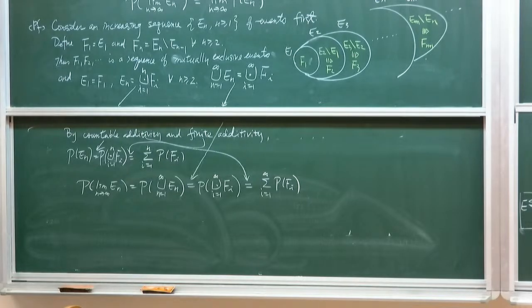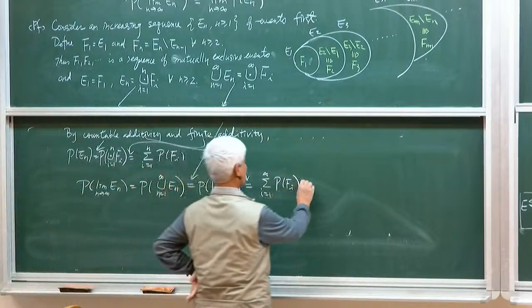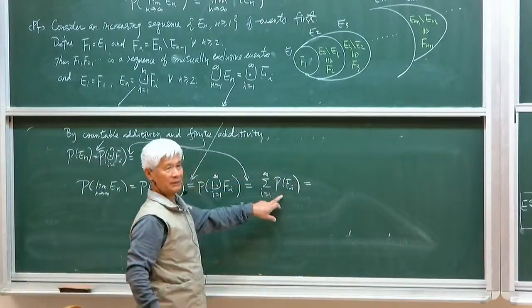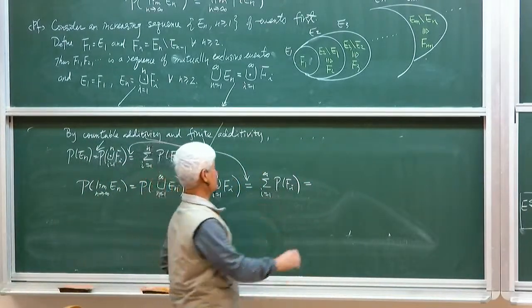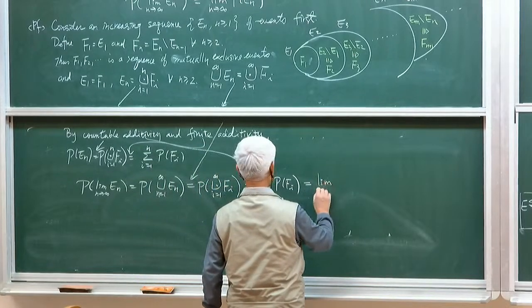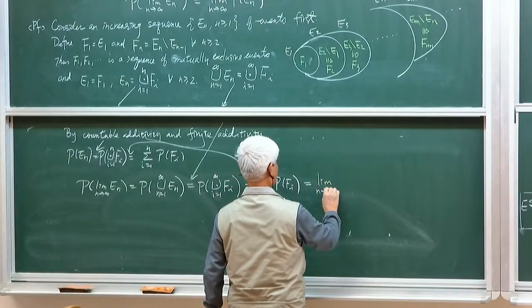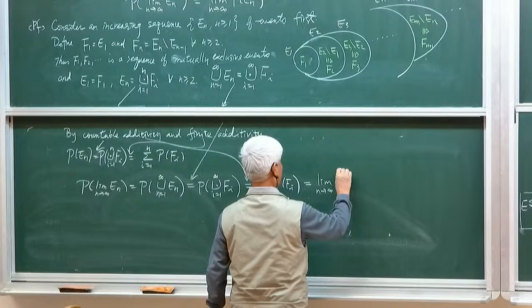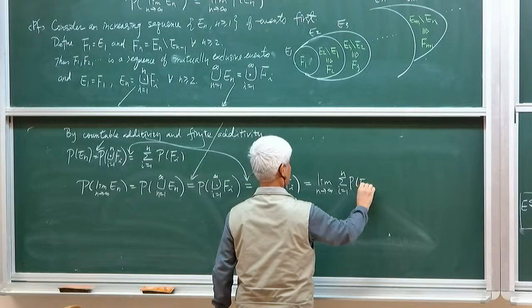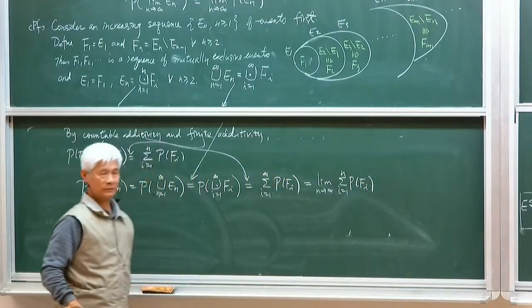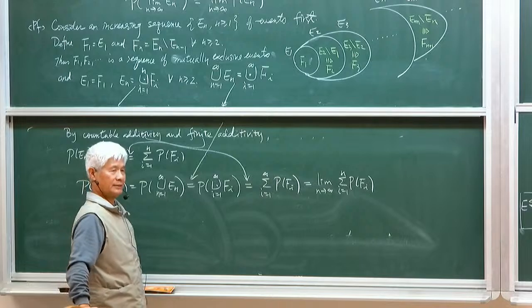Okay, good. And we know this is a series, a sum of non-negative numbers. So by the definition, it's the limit of the partial sum. From calculus, right?